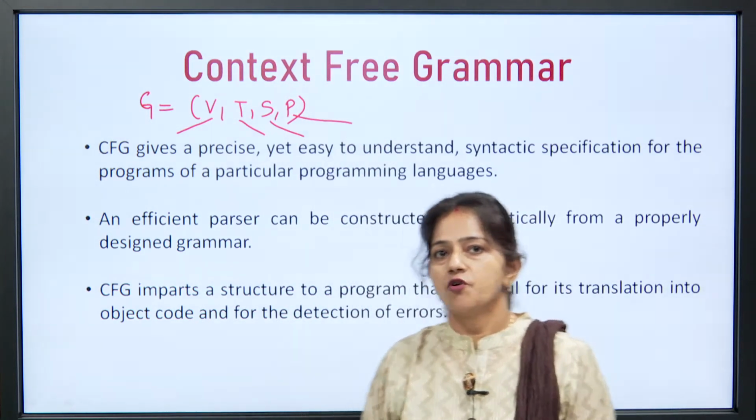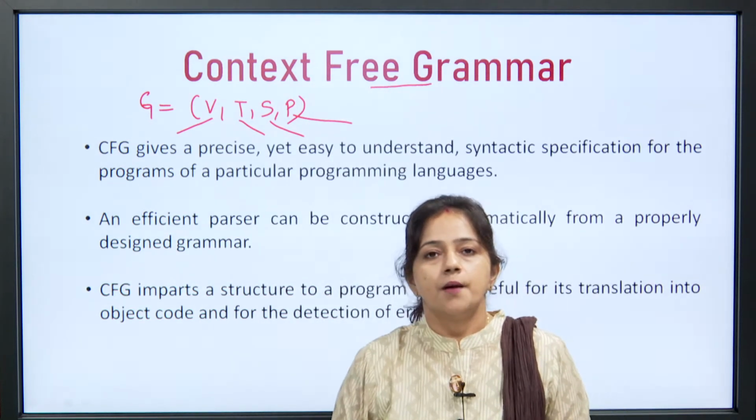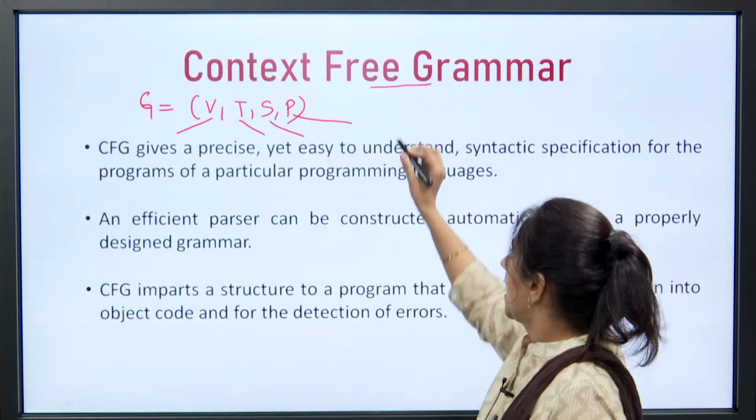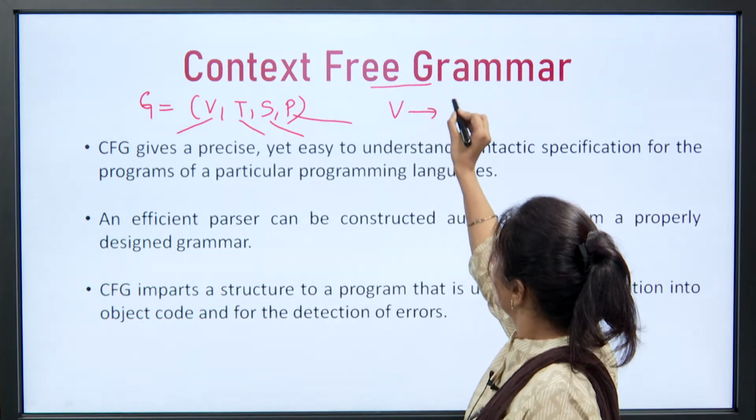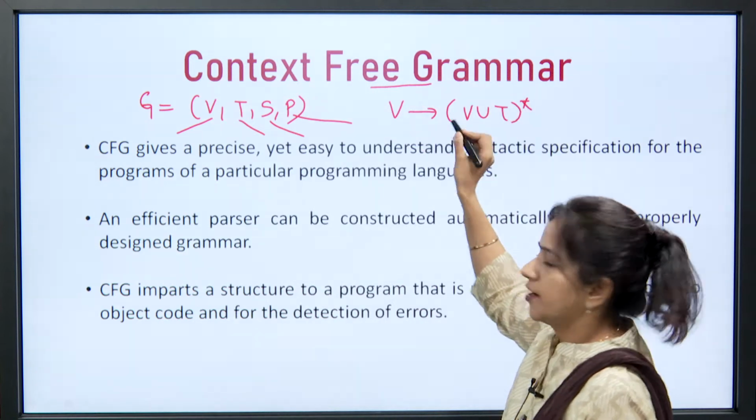So, here we are focusing on context free grammar, and in context free grammar a production rule is written like V to (V union T) whole star. This is a production rule.